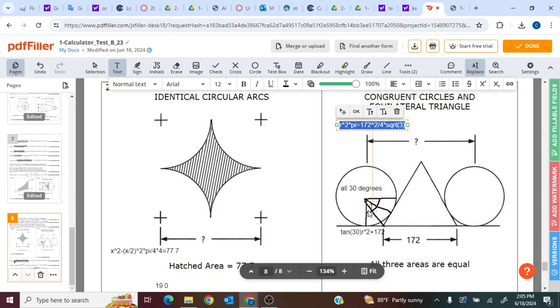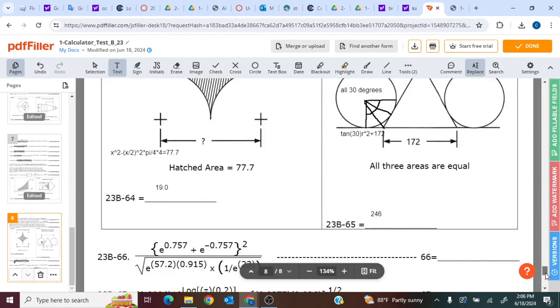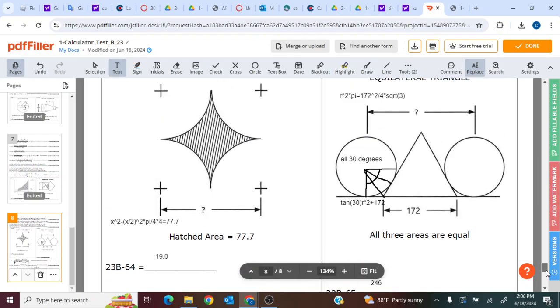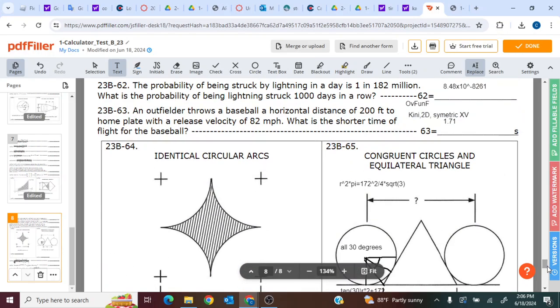So now that you know this angle is 30 degrees, you can solve for this side of this triangle right here by doing tangent of 30 times your radius. And then it's double-sided, so you have to do it twice. And then you can add it to the 172 at the bottom to get 246.